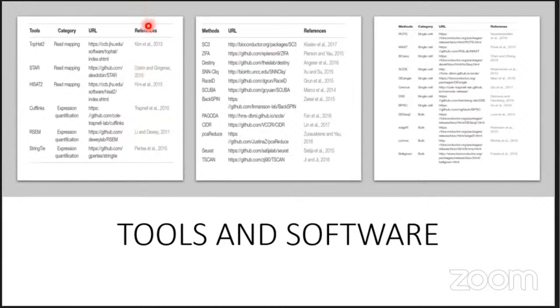After the alignment is done, mapped read files are generated. Then the second step is quantification. These are the different methods or tools which can be used for quantification, and these are the tools we use for the differential expression of genes.